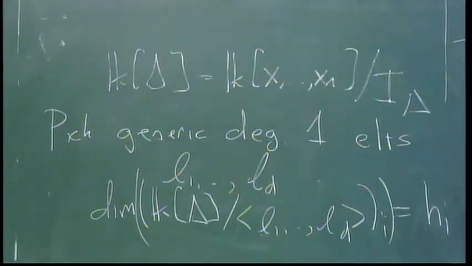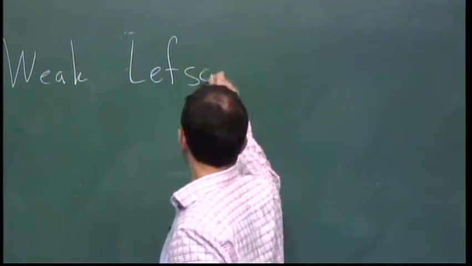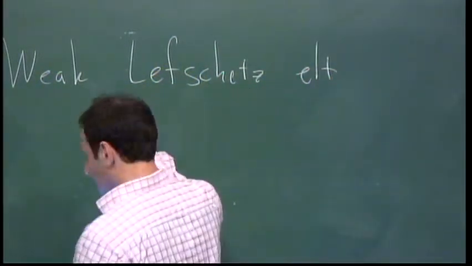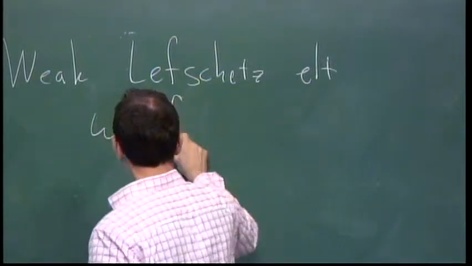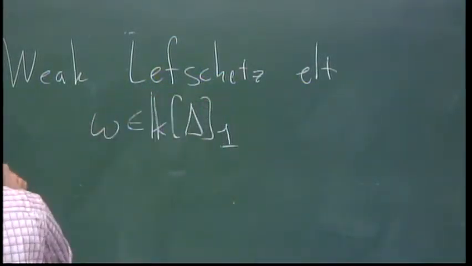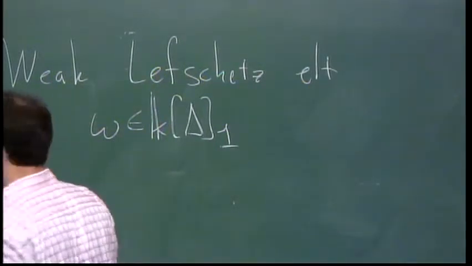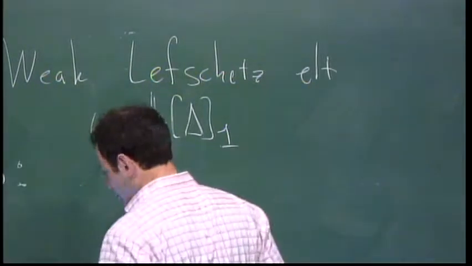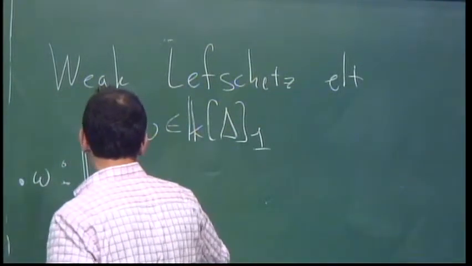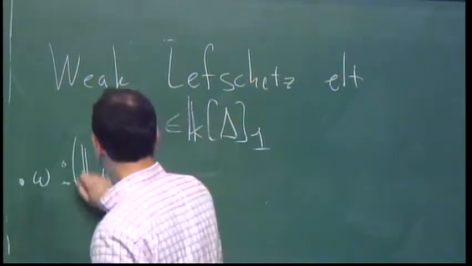So here, a weak Lefschetz element is a degree 1 element of the Stanley-Reisner ring such that multiplication by it is injective on this quotient up to half the degree.